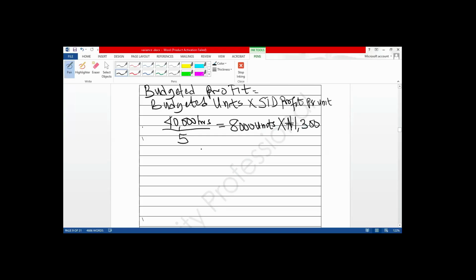If you work this out, your final answer will be 10,400,000. That is the budgeted profit for the month of January. We are done with that.